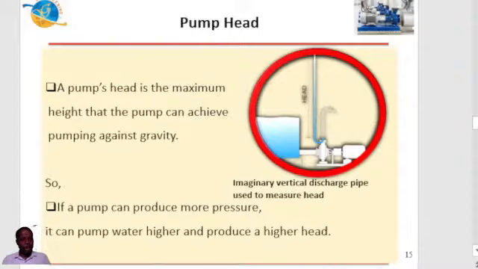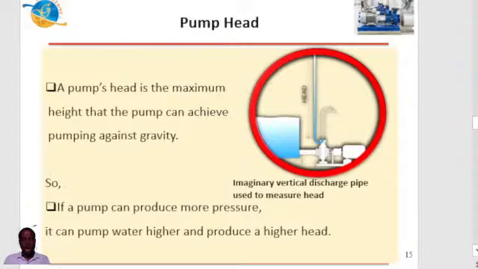Like I mentioned during the last session, pump head is the maximum height that the pump can achieve pumping against gravity. Imagine you're able to move the discharge line of your pump straight up into the air with the pump in operation.